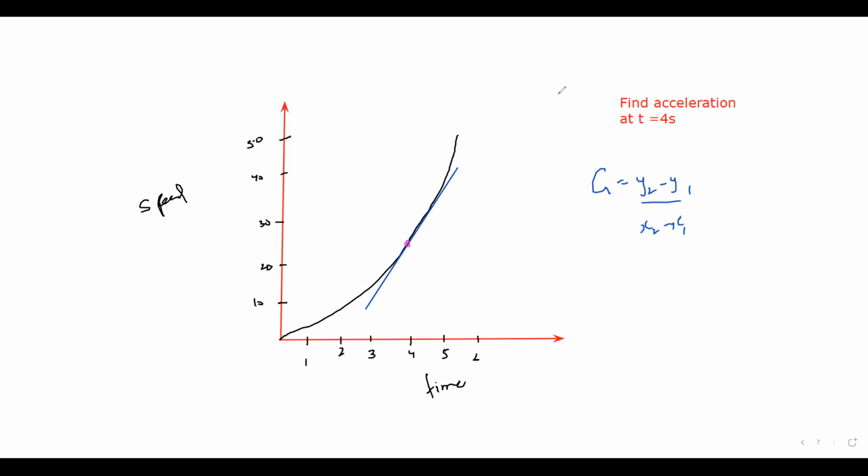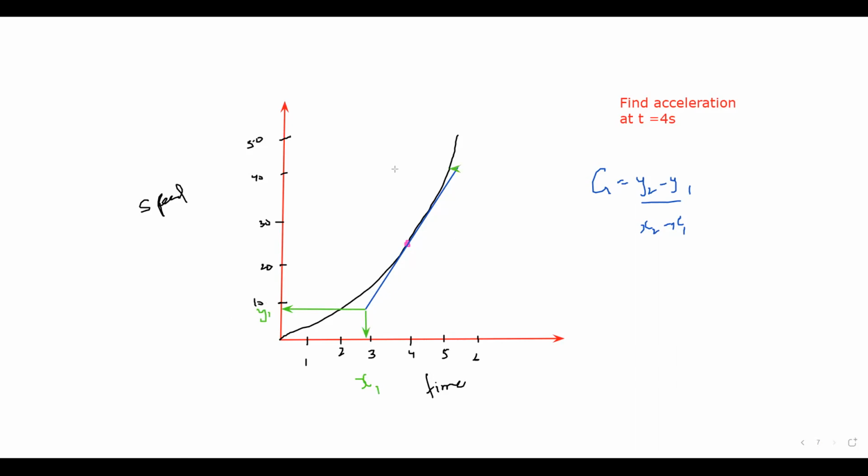Now we have the formula y2 minus y1 over x2 minus x1. So we'll use the values. The first point on the y-axis is called y1. I'm not writing the full scale but in the exam you will have the full scale. The first point on the x-axis is called x1.